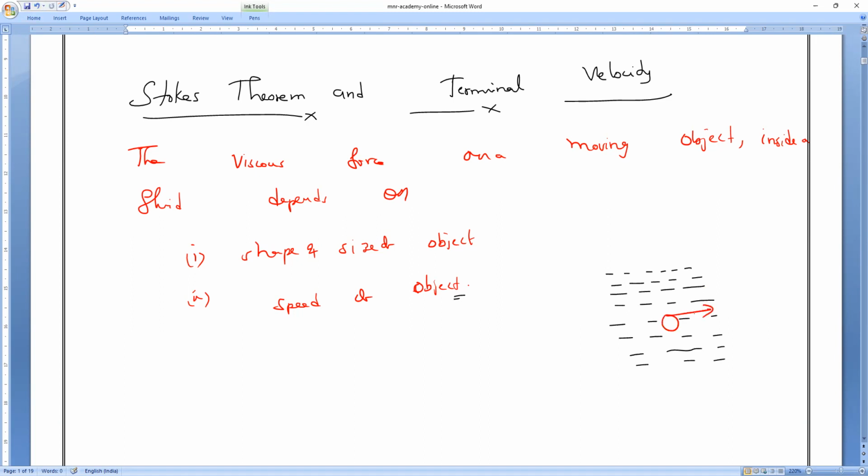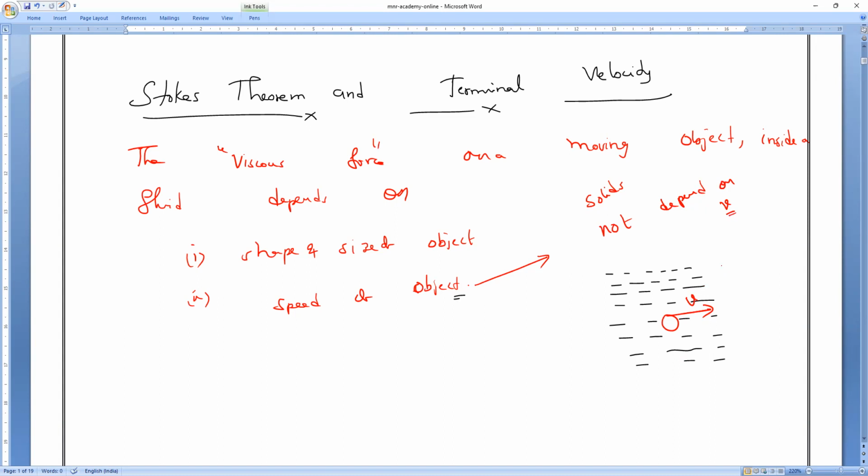So the velocity also matters, which will affect the viscous force. But as I told you, who does not depend? Solids do not depend on the speed of the body.